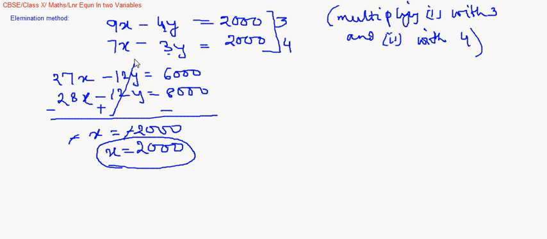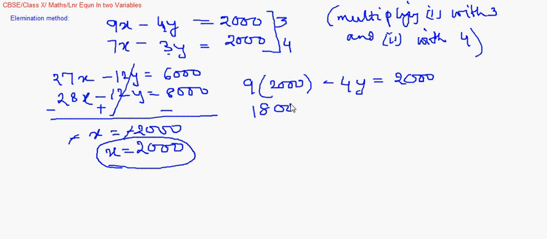Not necessarily every time y gets eliminated. Now let us substitute x in the first equation. The equation would now be 9 into 2000 minus 4y equals 2000. We'll write the original equation, not the one we derived to eliminate the variable. So this gives us 18,000 minus 4y equals 2000.